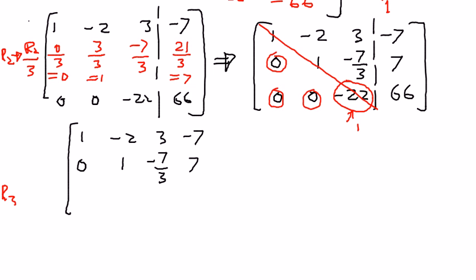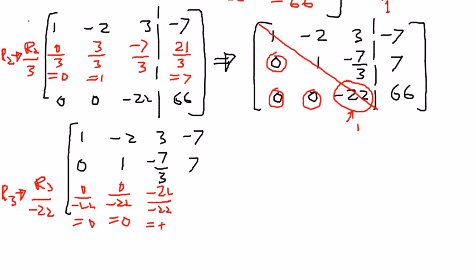The new R3 is going to be equal to existing R3 divided by negative 22. 0 divided by negative 22 is equal to 0. 0 divided by negative 22, that is equal to 0. Negative 22 divided by negative 22 is going to be equal to positive 1.